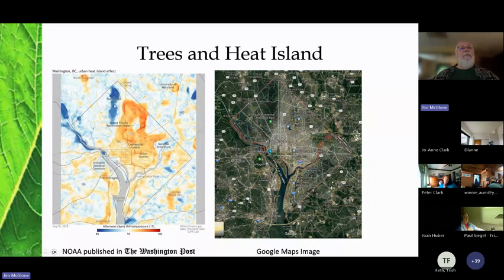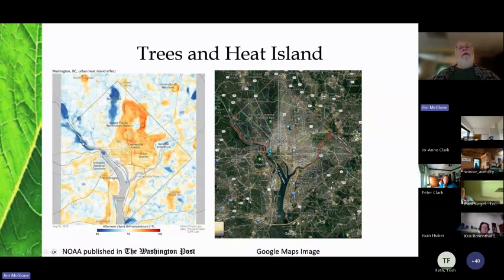This, of course, is Rock Creek Park. This is the Potomac Valley. This hot spot up here is the University of Maryland, and you can see Greenbelt in this area where it's cooler. So we know that trees are going to have an effect on ambient temperatures.